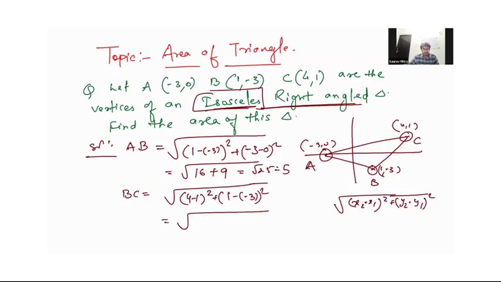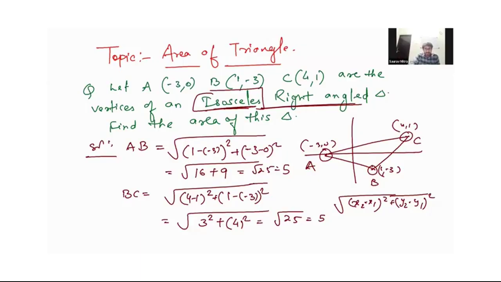So (4 minus 1) square means 3 square, plus (1 plus 3) square means 4 square. So it will be root of 25, and it is 5. So BC length is 5.